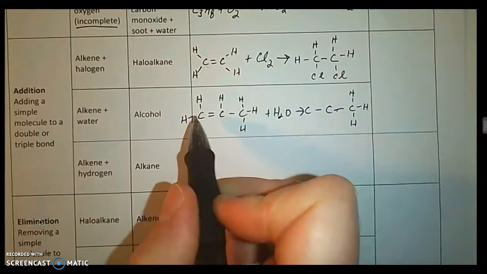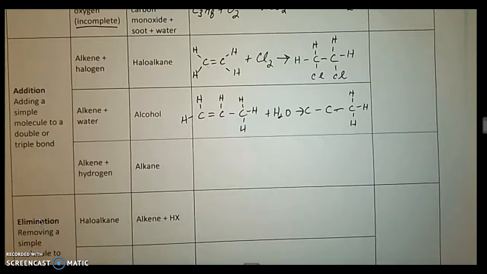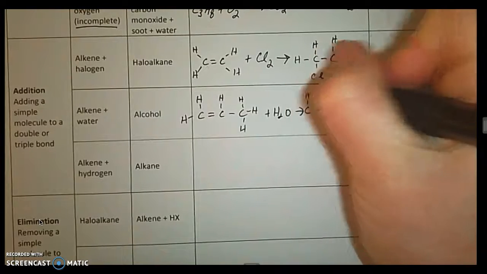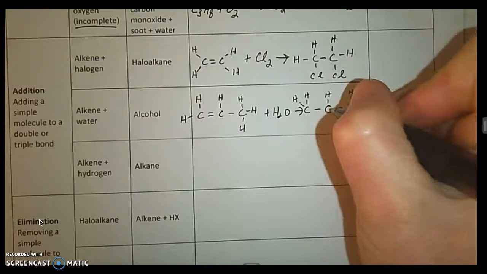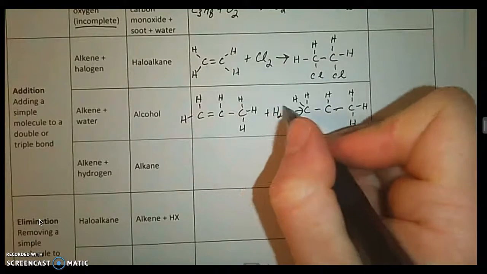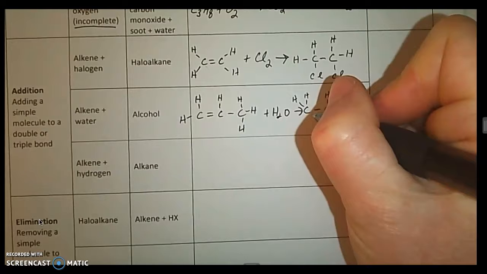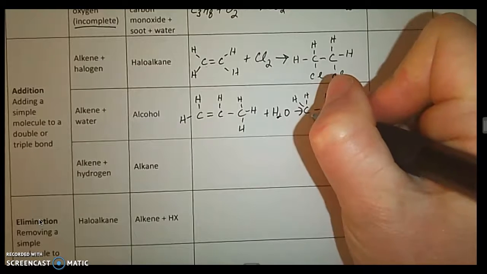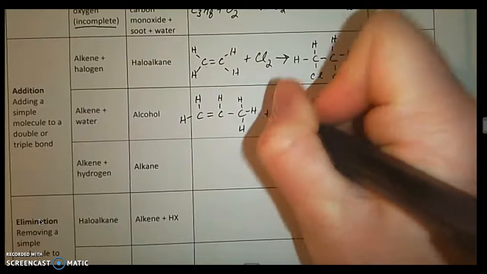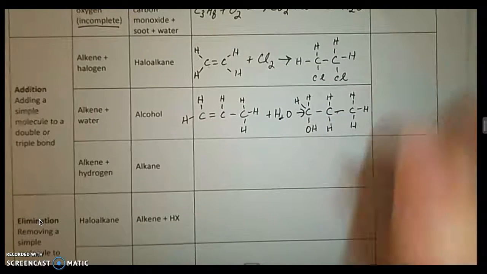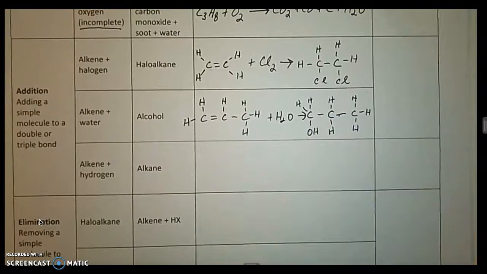But the double bond that I had here originally gets broken in an addition reaction. I still have all the same hydrogens I had before, but now I also get the atoms from the water molecule added onto my compound. So I might have an OH from one part of the water and then an H from the other part. Okay, so in an addition reaction, we break a double bond.